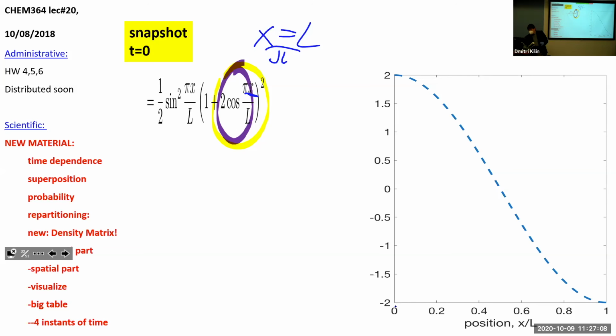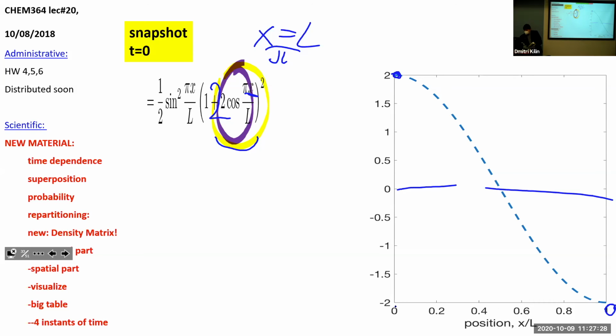So it goes half a period. Cosine changes from +1 to -1 as we go. And we have a factor 2 right here. So this function in the yellow circle goes from +2 to -2. Make sense?